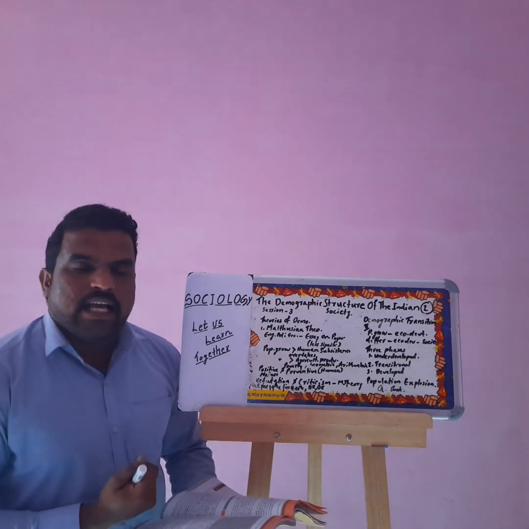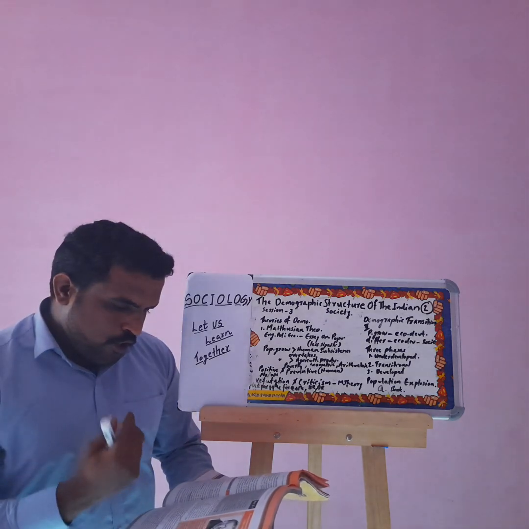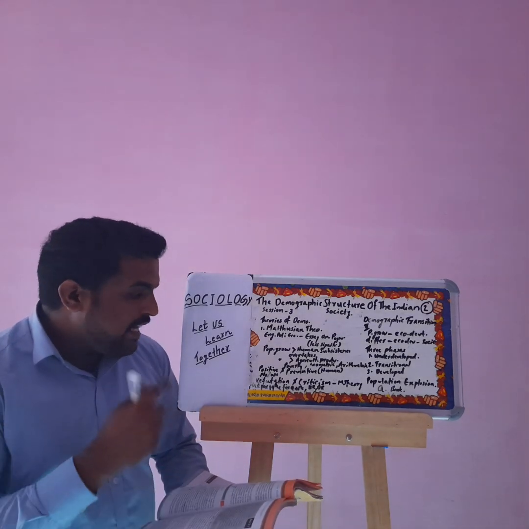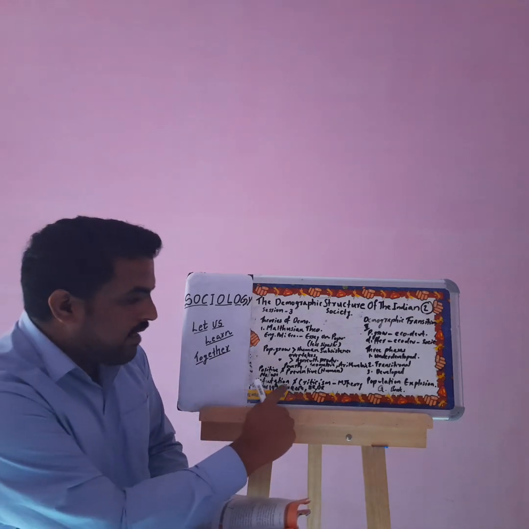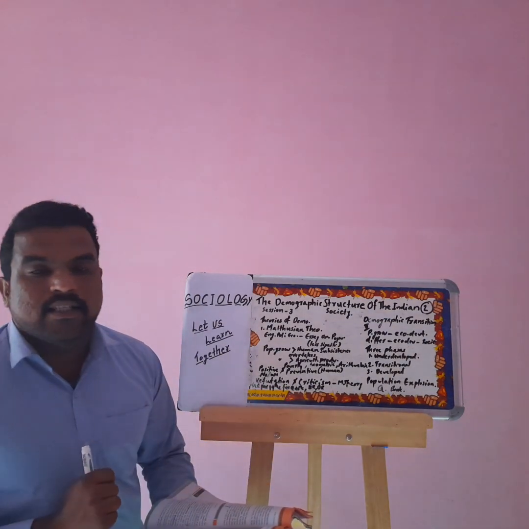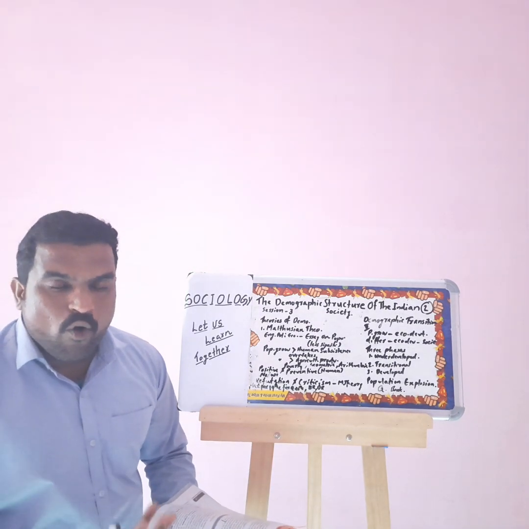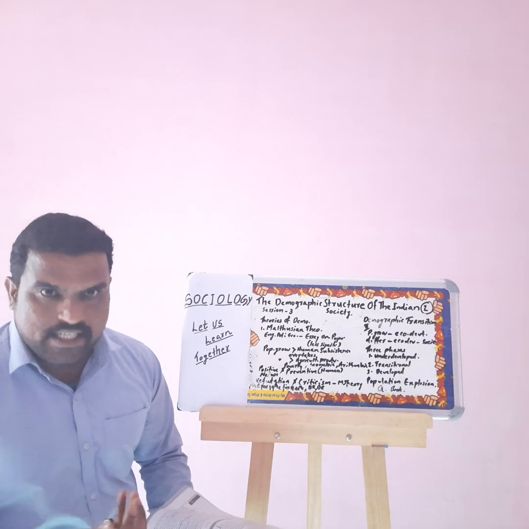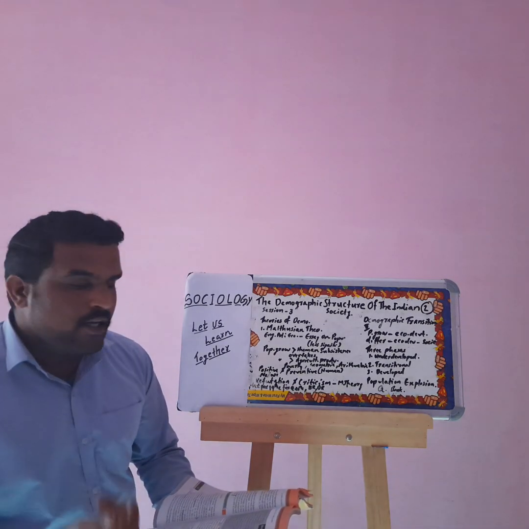We can understand that in Europe, in the last part of the 19th century and the first quarter of the 20th century, something happened there. The theorists wanted to prove with evidence or with experience which happened in Europe. What happened in Europe?